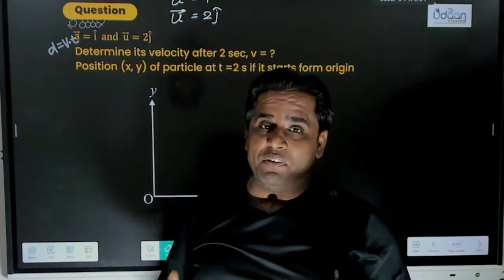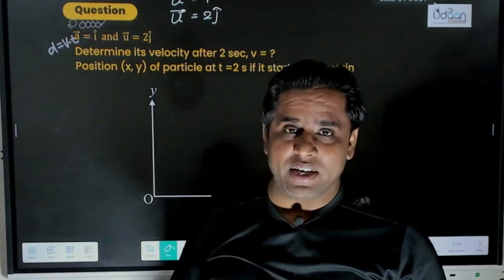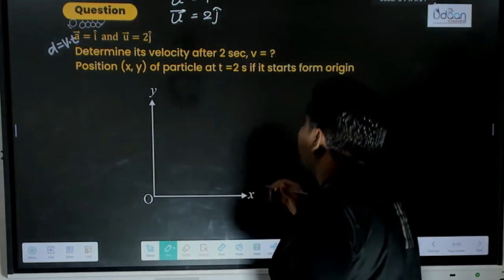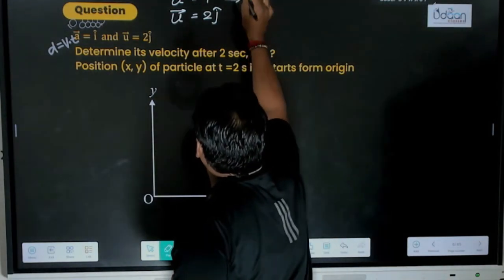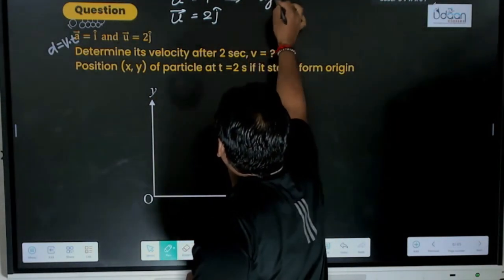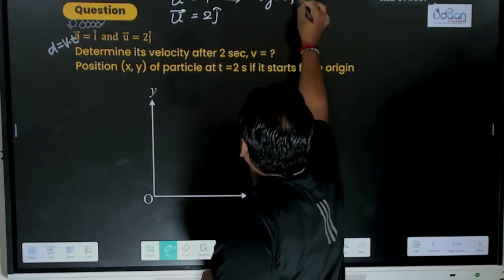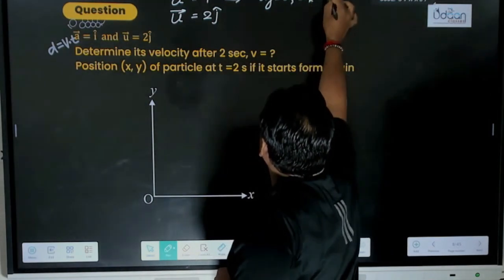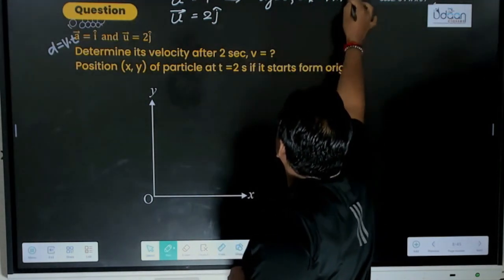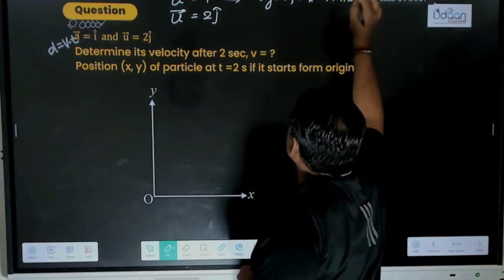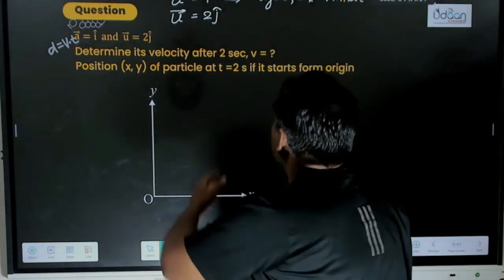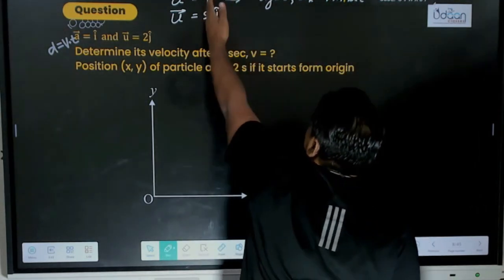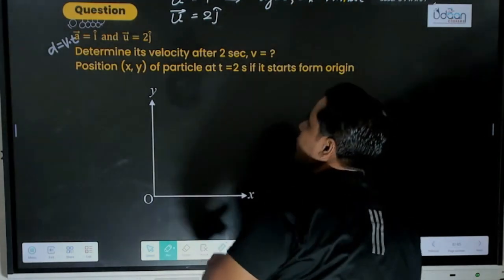See, what is the significance of 0? Time and time again, here in this case we can say that ay will be equal to 0 and ax is nothing but 1 meter per second square, because i cap refers to the x axis, so I am writing the value on the x axis.